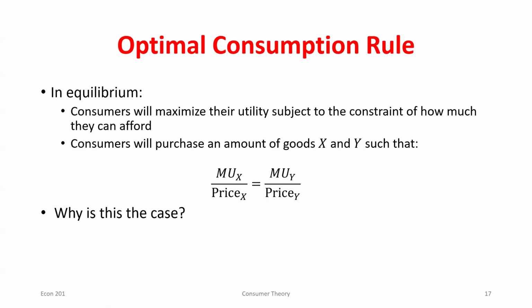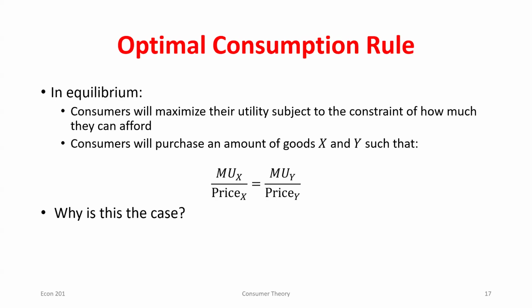Now, the problem is, I shouldn't say problem, but if I buy more of good X, what happens to the marginal utility of the last unit of X I bought? We said as I buy more of something, my marginal utility goes down. So as this marginal utility starts to go down, eventually we get to a point where the marginal utility per dollar of good X is equal to the marginal utility per dollar of good Y, right?